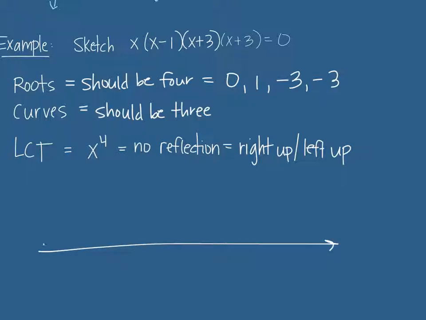Okay, so we sketch it. I have 0, 1, and then negative 3. And put a star or something to yourself about the negative 3 to remind yourself that there's an extra turn going on there, an extra curve. We know that our right side goes up, our left side goes up.